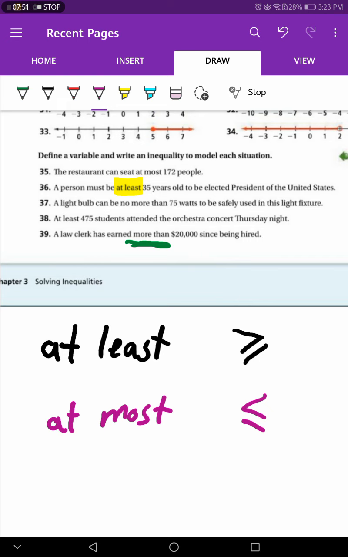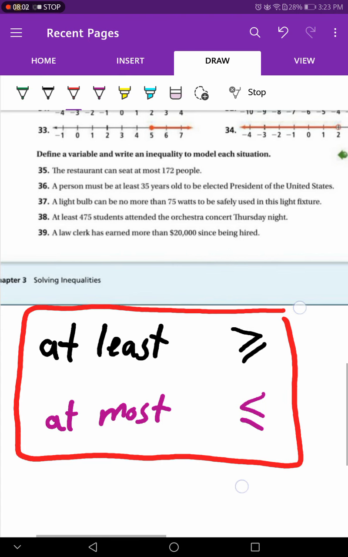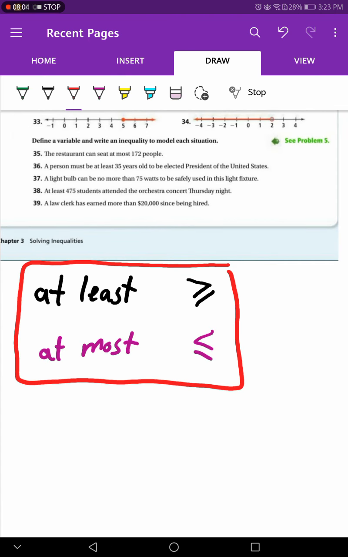And more than, you know the rest of the story, but this is the most important too. At least, greater. It has a condition here: you have to start with the letter from the left, then the number at the right, and you draw the greater sign like this. The order is very important.